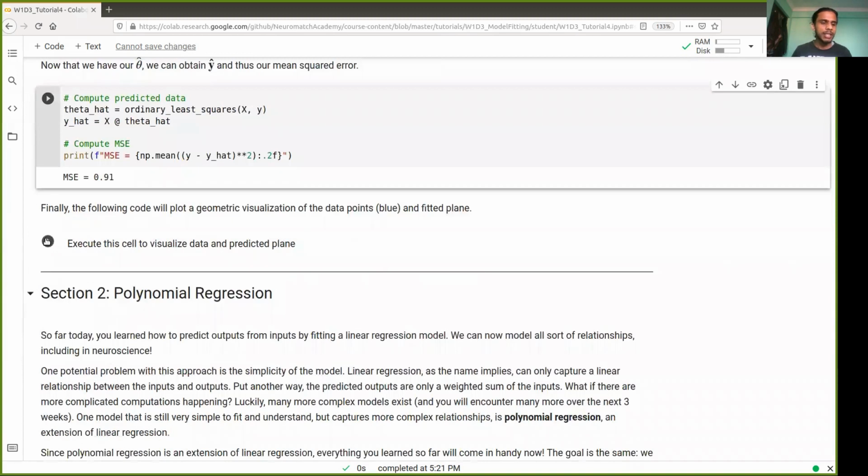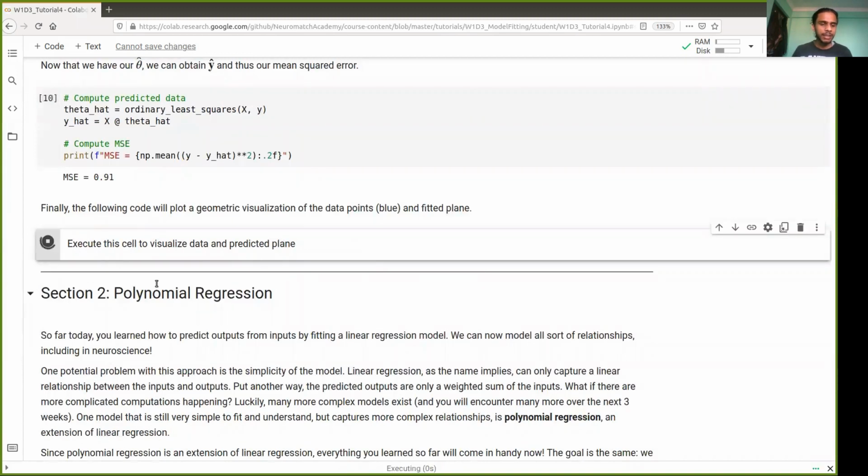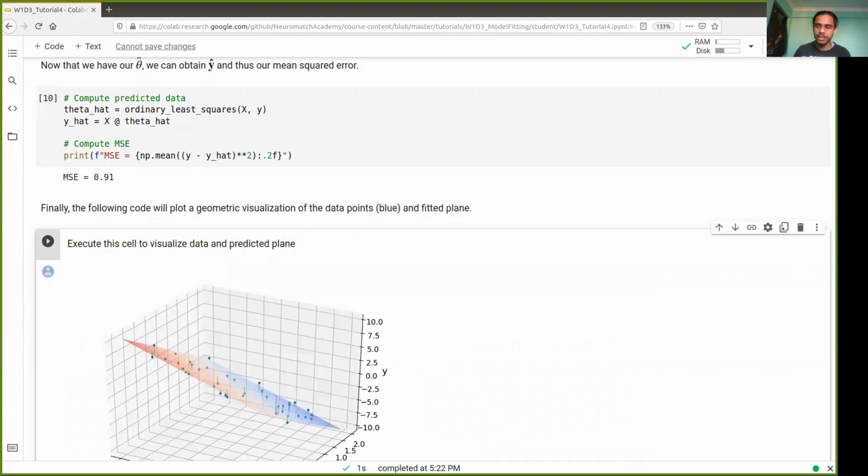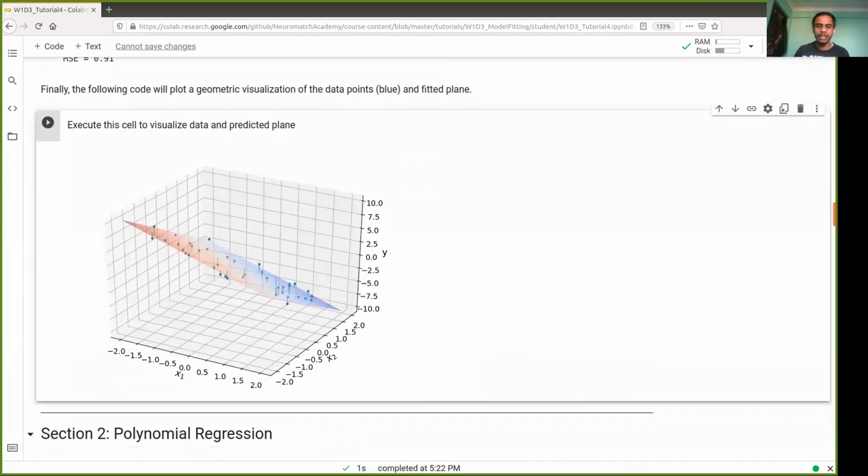So yeah, let's visualize this thing that we did. Let's run this cell. Here you can clearly see we have two variables, x1 and x2, and we have this dependent variable y, and this is the plane that we fit.